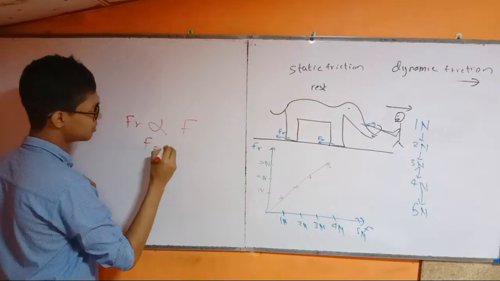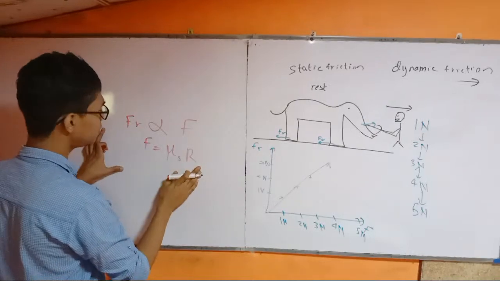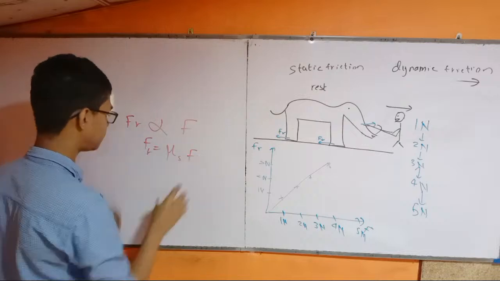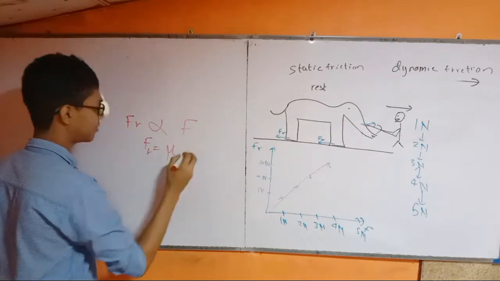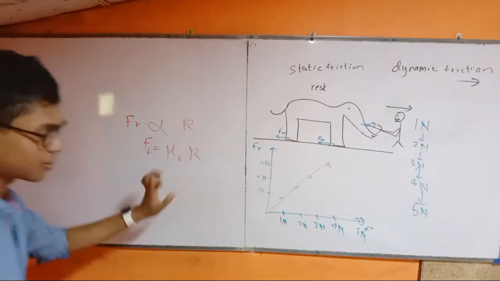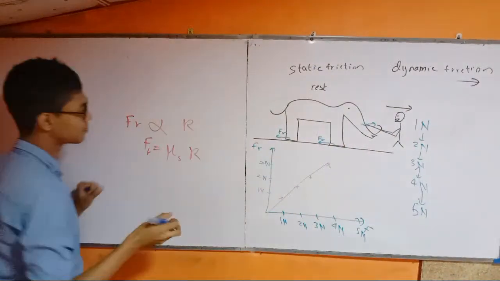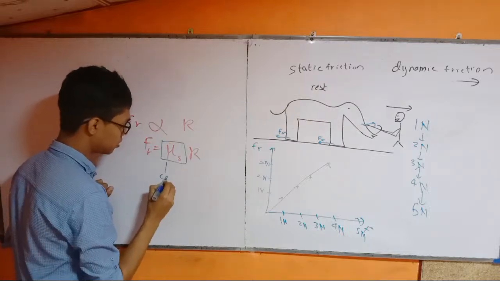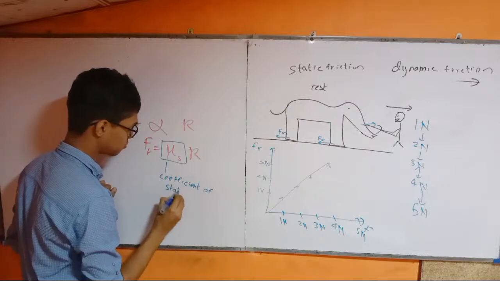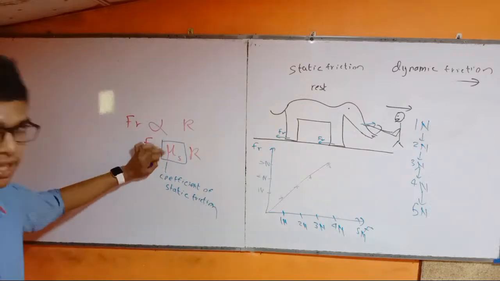And there was a constant, mu S. F equals mu S R, where R is the reaction force. Mu S means the coefficient of static friction, when the object is at rest.